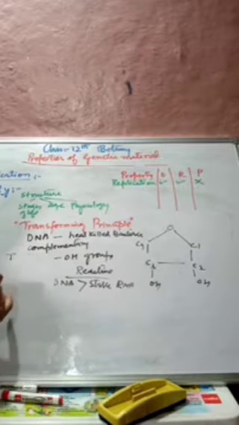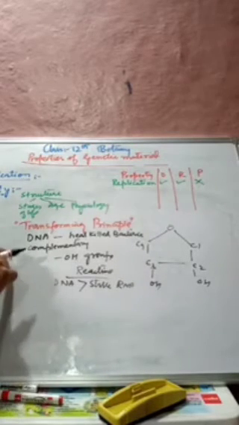Among the pyrimidine nitrogen bases, DNA has thymine, whereas RNA has uracil, and this presence of thymine in DNA instead of uracil is one more reason for the stability of DNA.